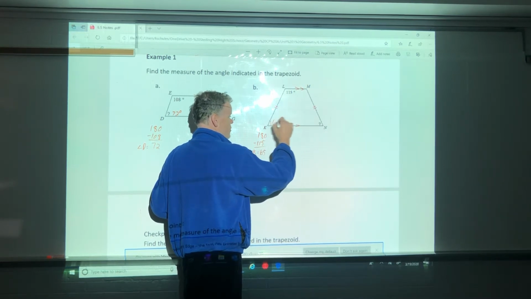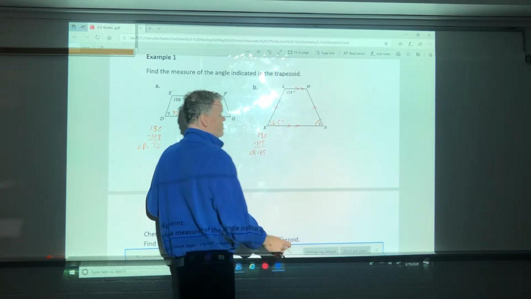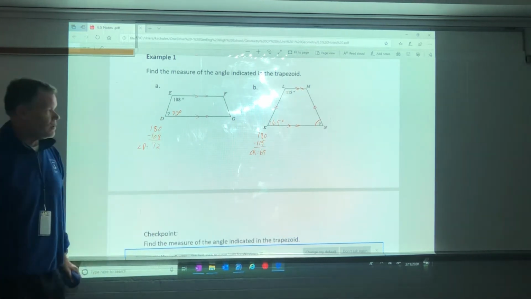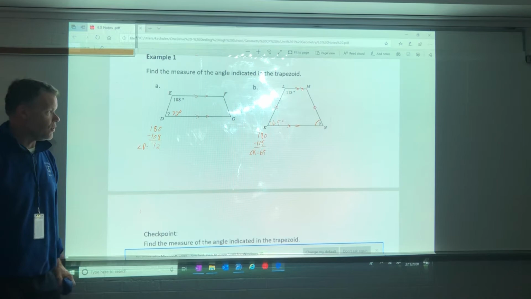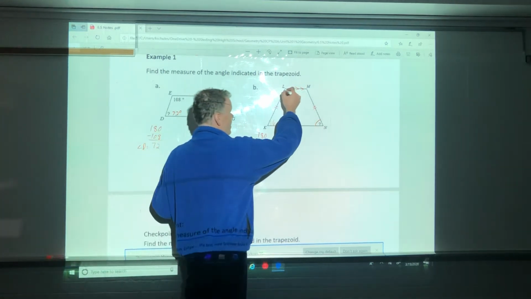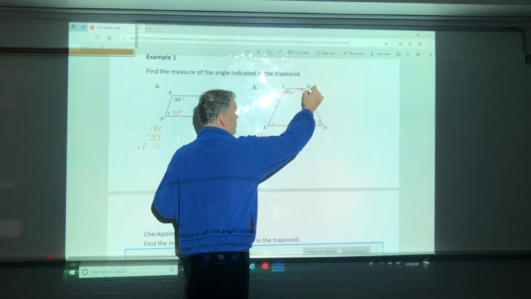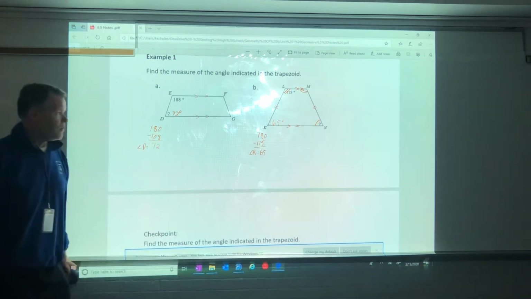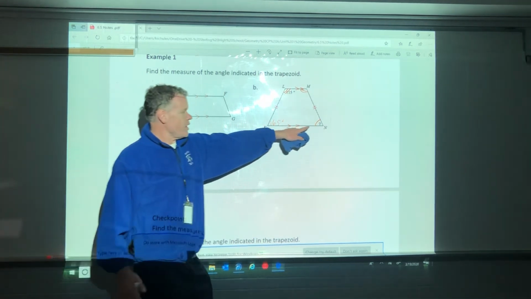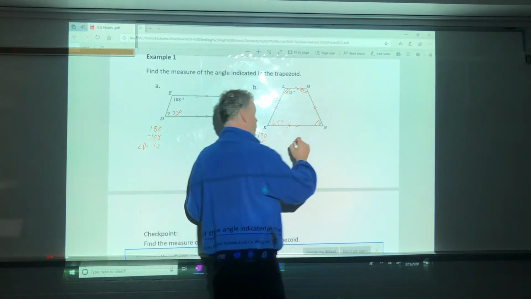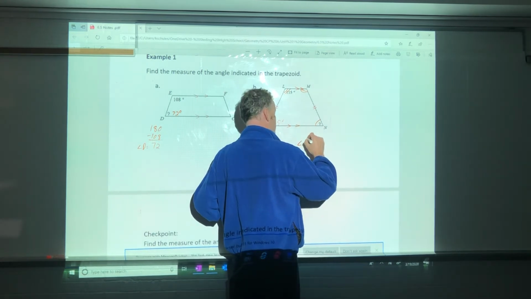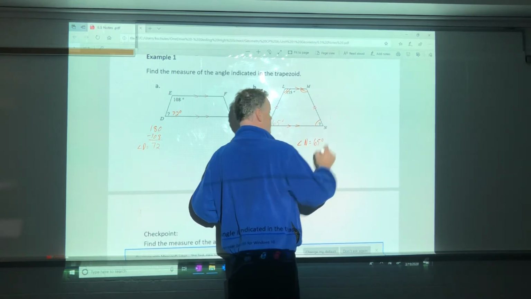And we also know, since it's an isosceles trapezoid, that the base angles are going to be congruent. Base angles at the bottom, base angles at the top are going to be congruent. So that's why this angle here, angle N, would also be 65 degrees.